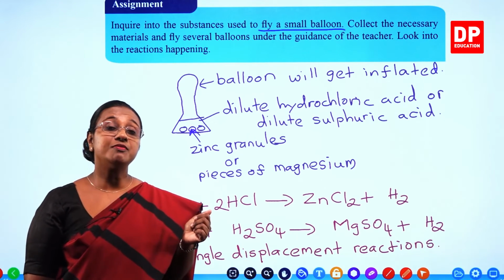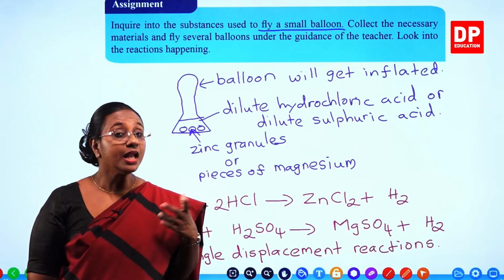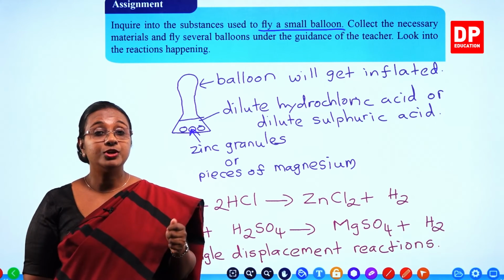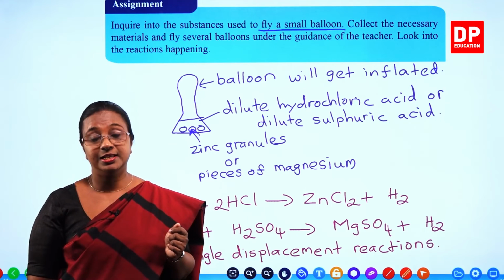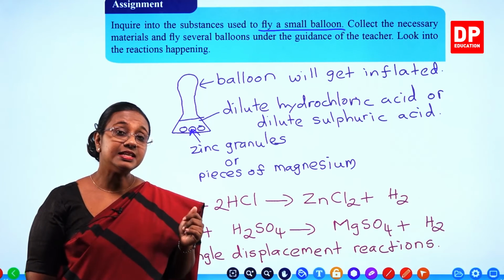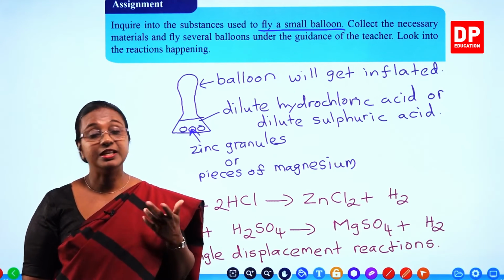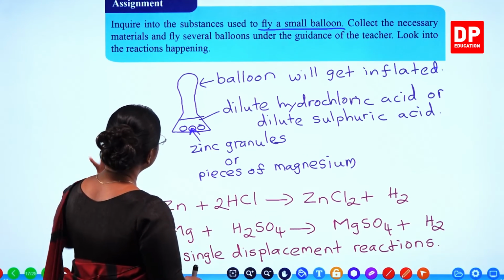Can you all think of something like that? A metal that we use at home. You can get hold of aluminium foil. An acid. You can use vinegar. Vinegar, you all know, is acetic acid.